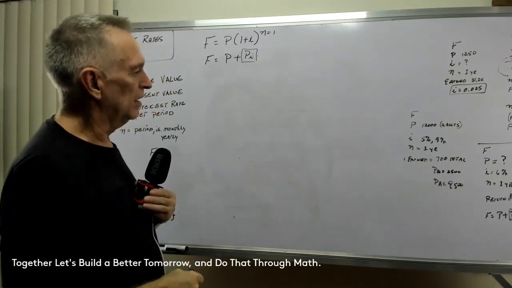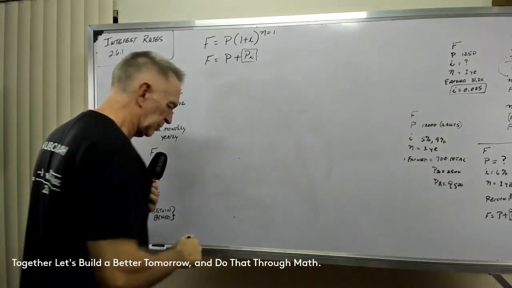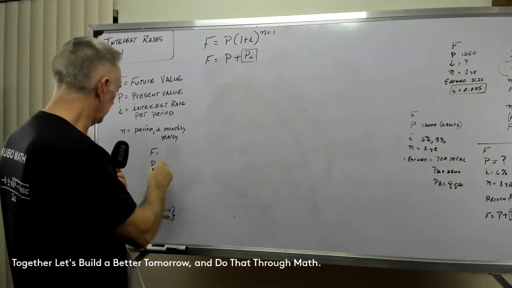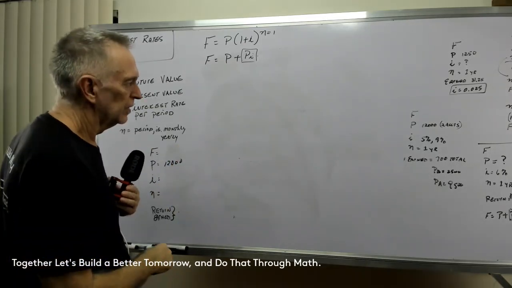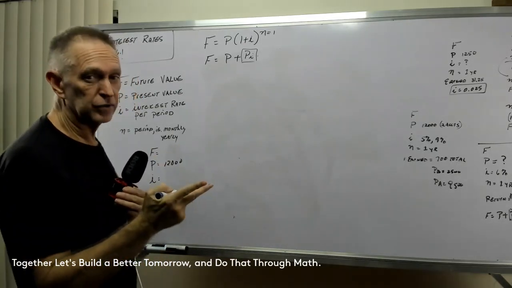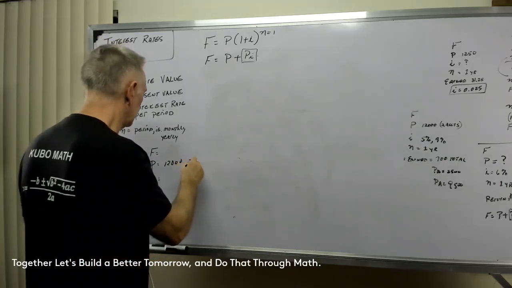All right, here we have one last one here. This is kind of cool. This one, the guy invested $12,000 or pesos in two different accounts. He invested in two different items, two areas.